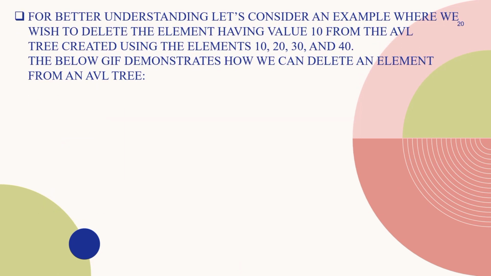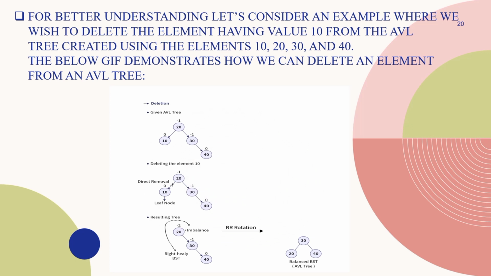For better understanding, let us consider an example where we wish to delete the element having value 10 from the AVL tree created using the elements 10, 20, 30 and 40. The below GIF demonstrates how we can delete an element from an AVL tree. This diagram is the example for deleting an element from an AVL tree.